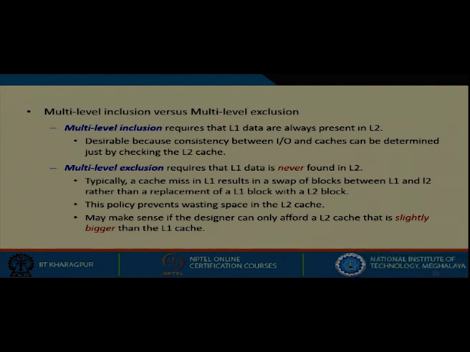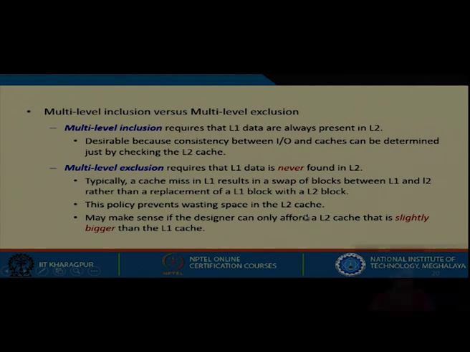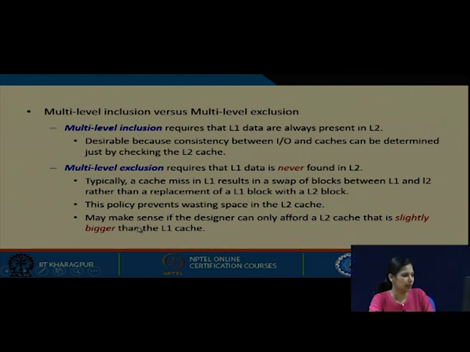So, the space is utilized in a much better fashion compared to having the same data in both L1 and L2. And if we require some data which is not in L1, we will definitely get it in L2 because the data are totally different. This policy may make sense if the designer can only afford an L2 cache that is slightly bigger than the L1 cache.